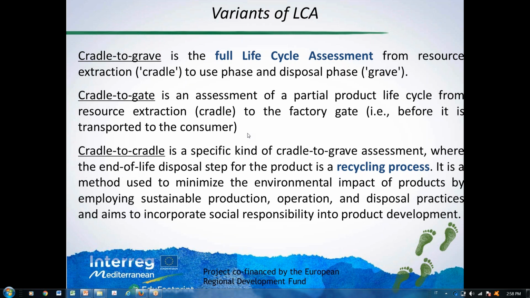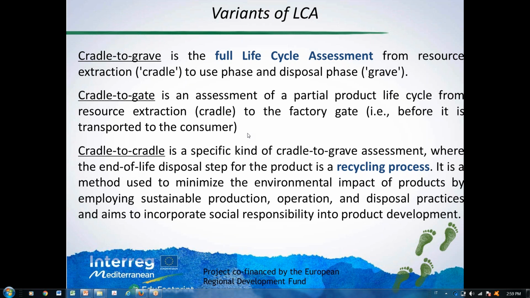a company should choose to start from cradle and stop at its gate. This assessment is focused on a partial product life cycle from resource extraction, which is cradle, as we saw, to the factory gate, leaving out all the other phases, which are transport, use and disposal.